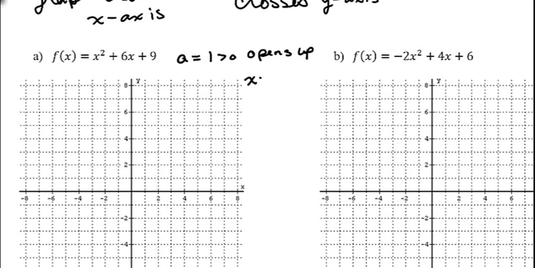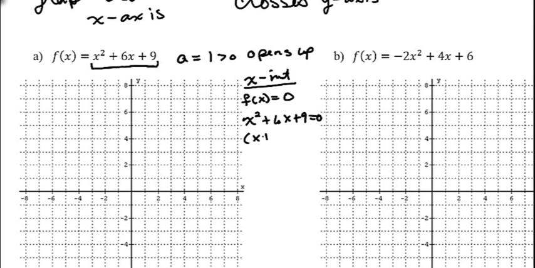So x-intercepts is setting the function equal to 0. So f of x equals 0. So you're going to take x squared plus 6x plus 9 and set it equal to 0, and then solve for x. So this one actually factors.